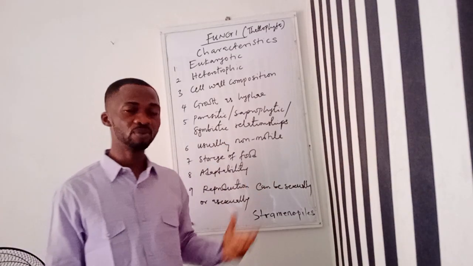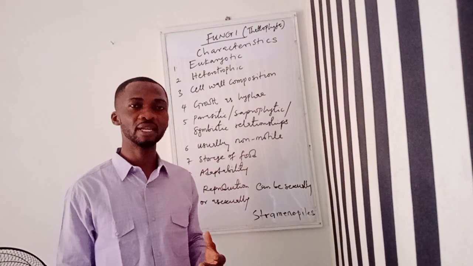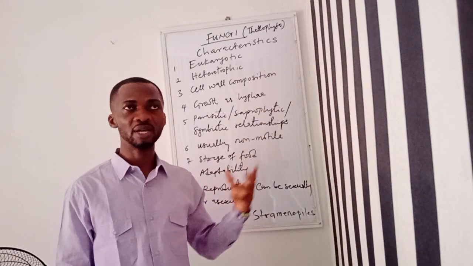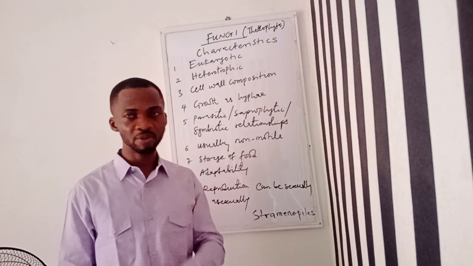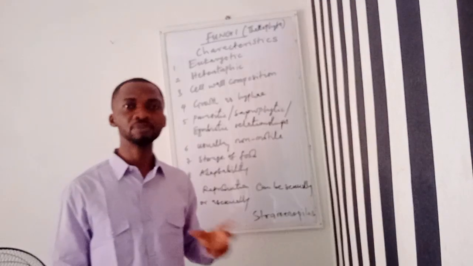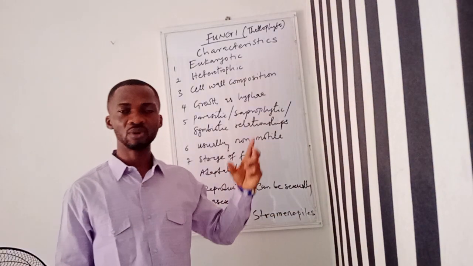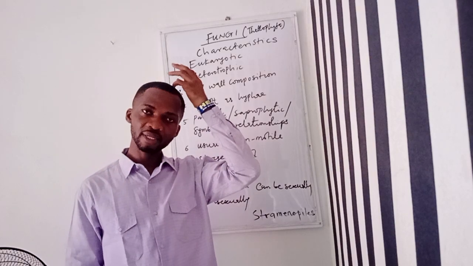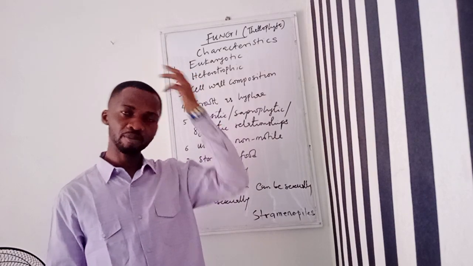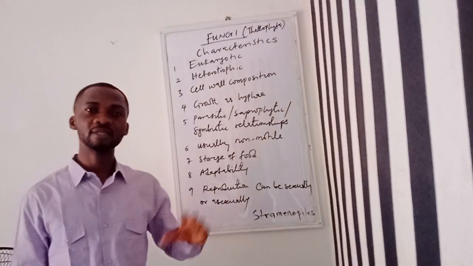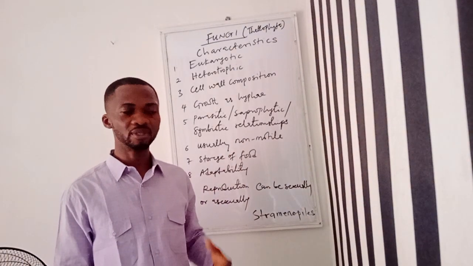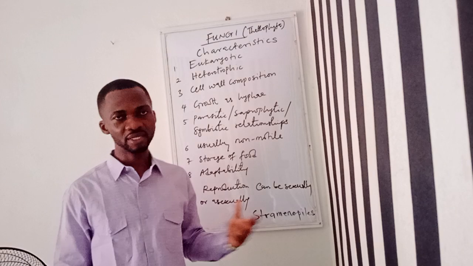And that is why fungi can be referred to as saprophytes, attending to dead and decaying organic matter. They can also be parasitic in the sense that they feed from their host, deriving nourishment at the expense of their host.